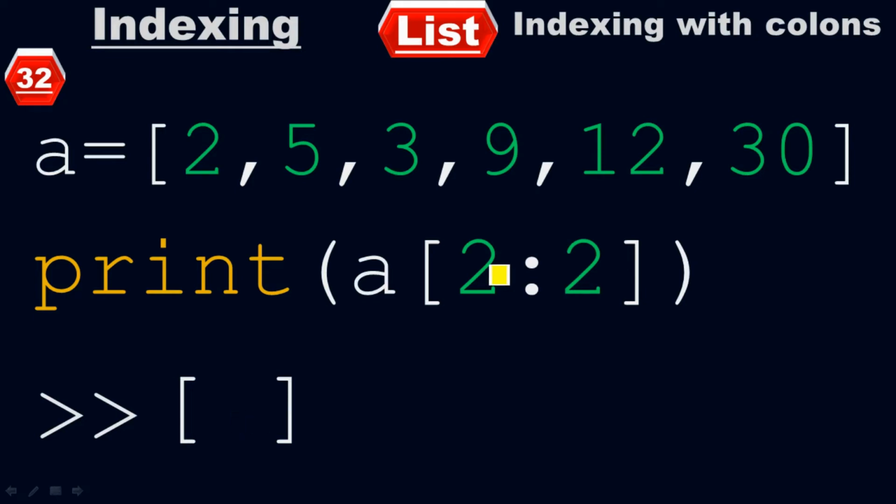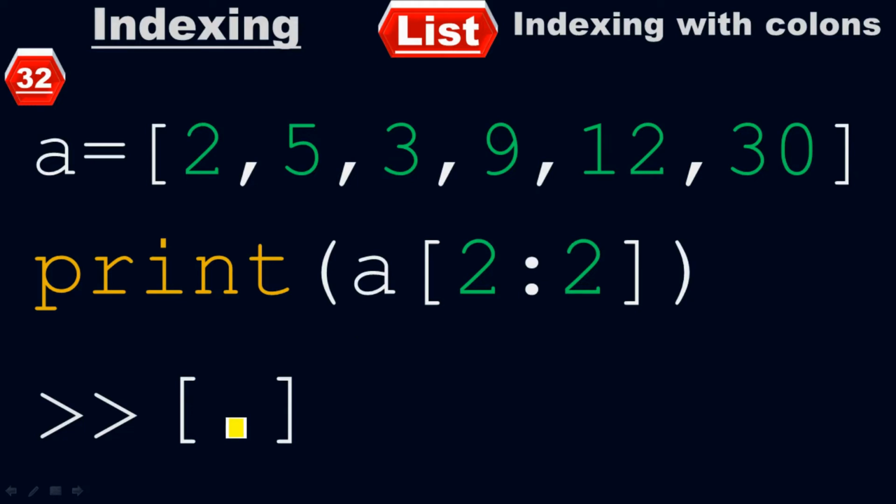So make sure if you have the same value on both sides of the colon, you will get an empty list. If there is 1, 1, you will get an empty list. If there is 5, 5, you will get an empty list. Since we have 2, 2 here, both the index values are the same on both sides of the colon. Therefore, I got an empty list here.